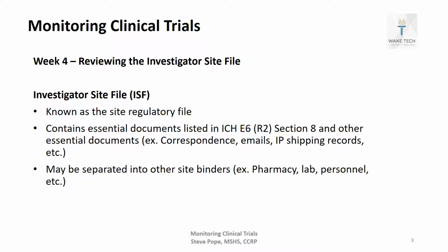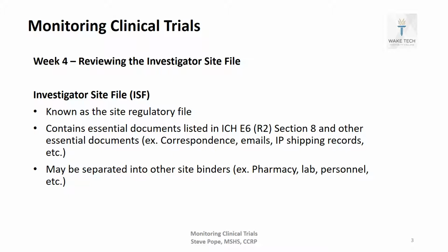So the important thing to understand is that this is either going to be, in most cases, a physical binder, a 3-ring binder, or some sites are moving towards electronic systems, and there are a number of products out there that are very good, that they can maintain these documents in an electronic fashion, and then as the monitor comes out, they'll give the monitor access to those files so they can perform their reconciliation.